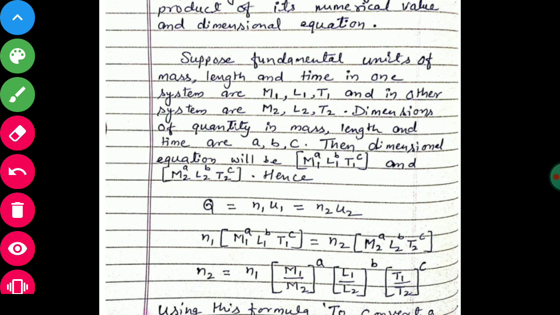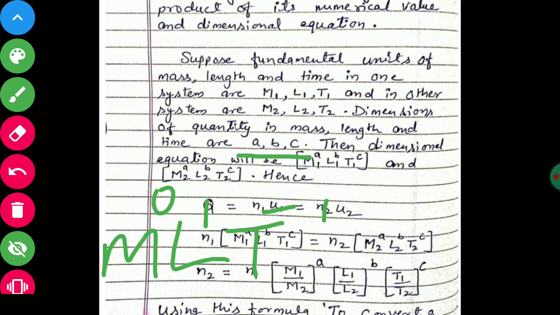Let us assume the dimensions of the quantity in mass, length and time are A, B and C. See, in any physical quantity, for example, the dimensions of velocity are L T to the power minus 1.